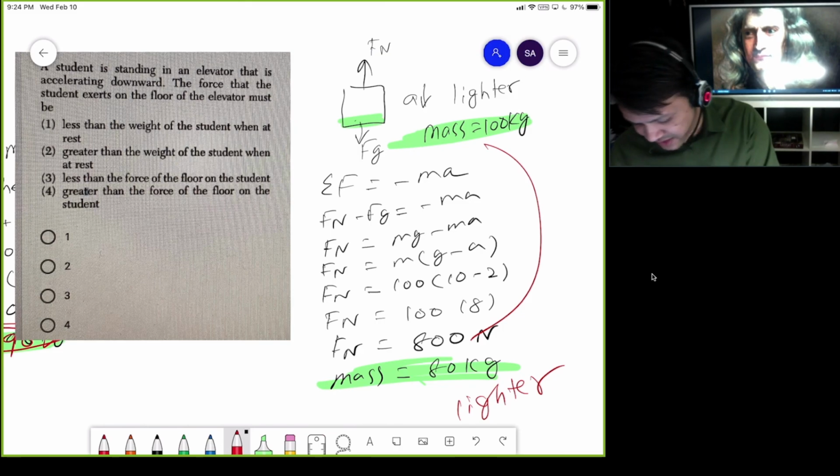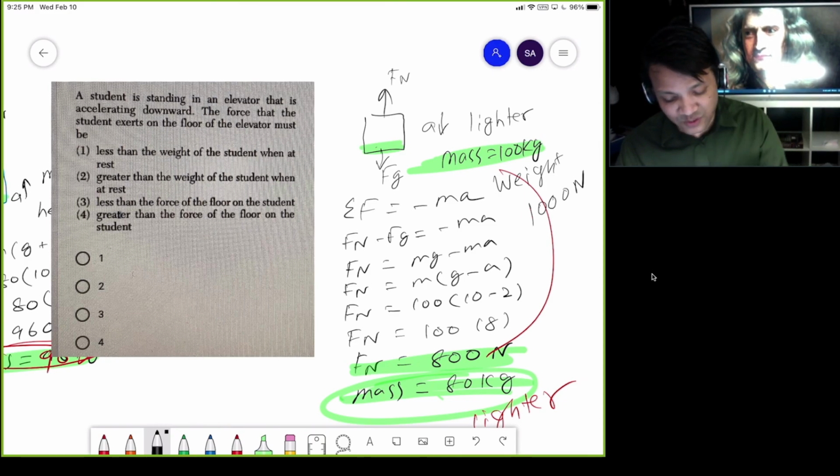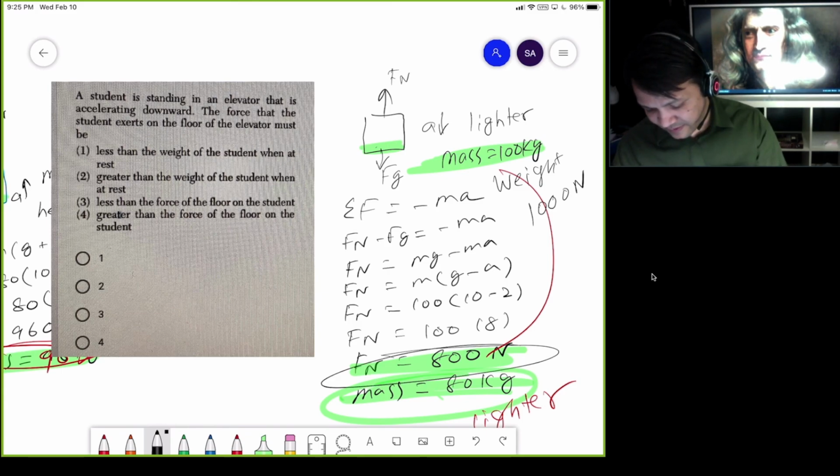What is the weight here? Weight is 100 kilogram times 10, so 1000 Newton. The person's weight is 1000 Newton, and the scale will read 800 Newton.